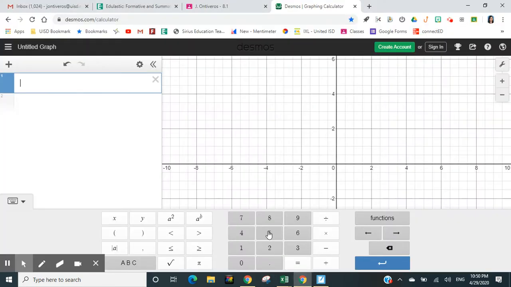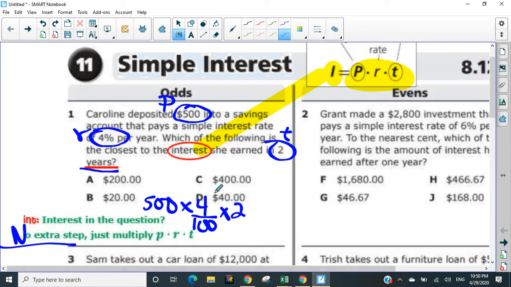So you come to your Desmos calculator, 500 times 4 over 100. On your keyboard, go to the right arrow key to move to the side, multiply by the years, and that is your answer. Okay, so you select the answer and move on.